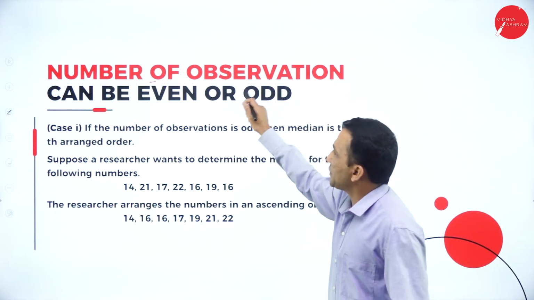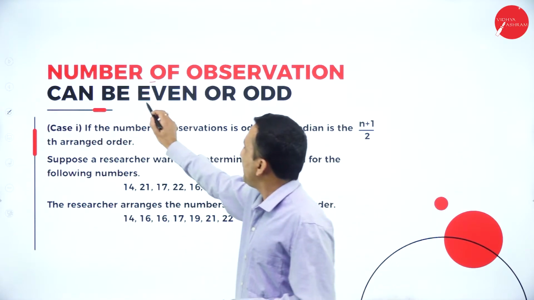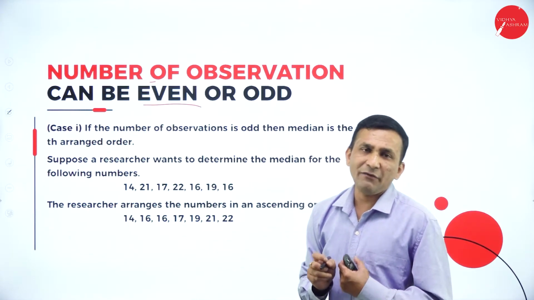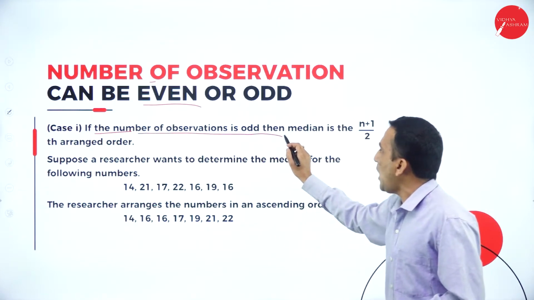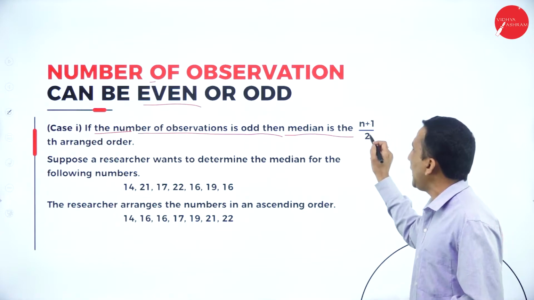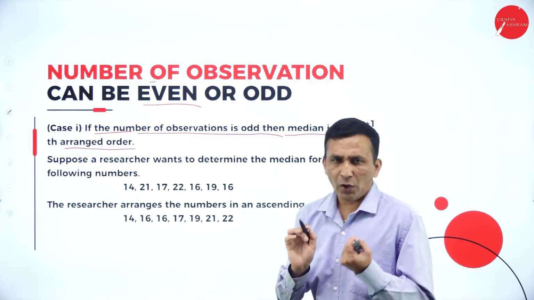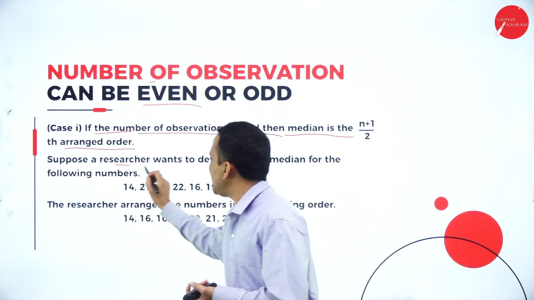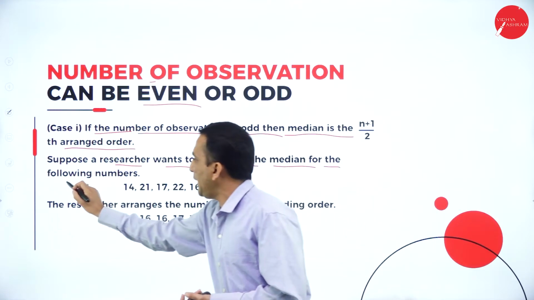In the previous problem, an odd number of observations was given. Now it is given as even numbers. In case of an even number of observations, the median is n by 2. Arrange according to ascending order. Suppose the researcher wants to determine the median for the following numbers.